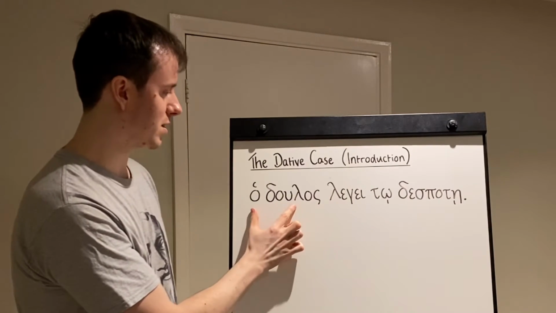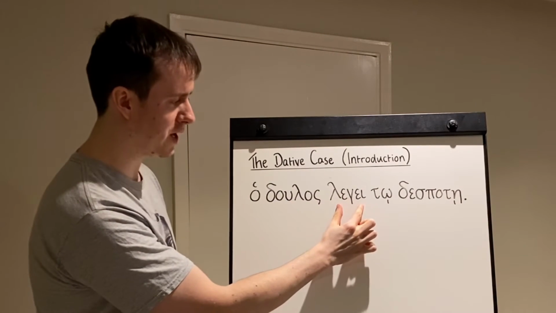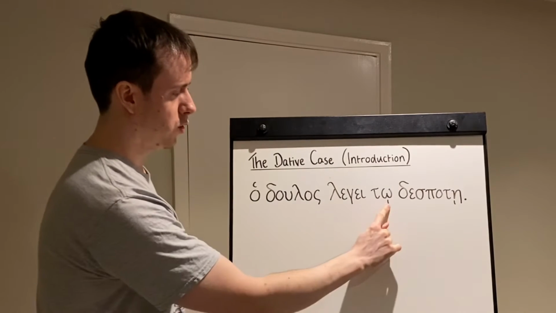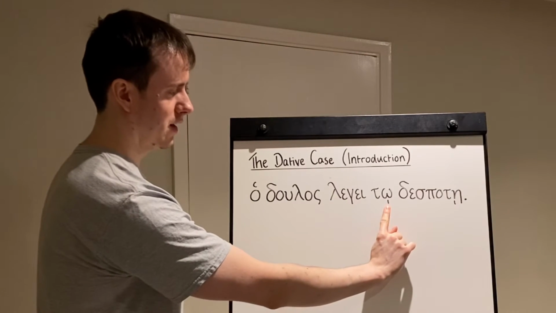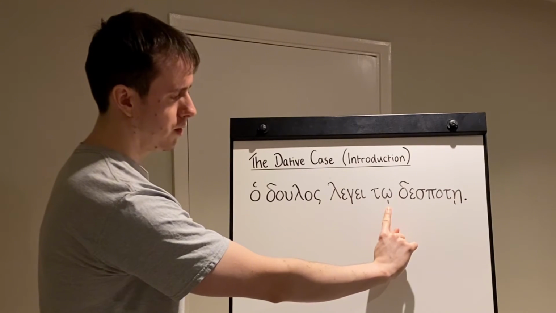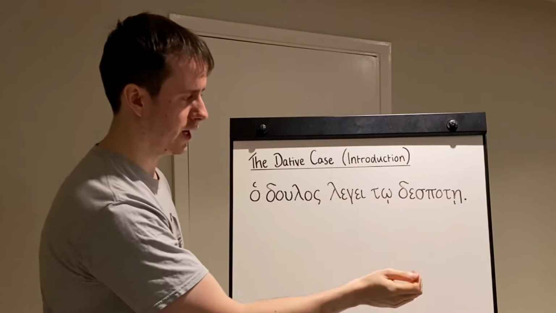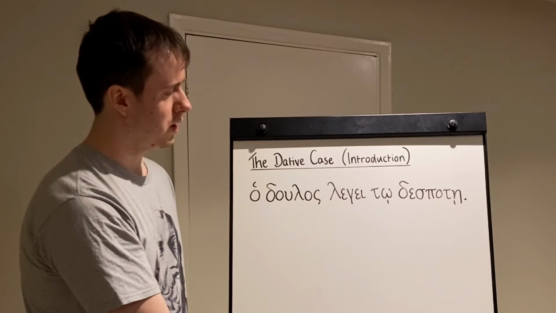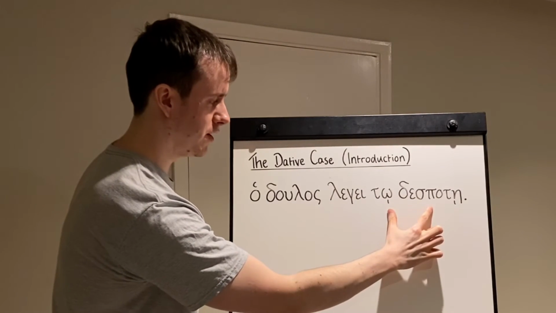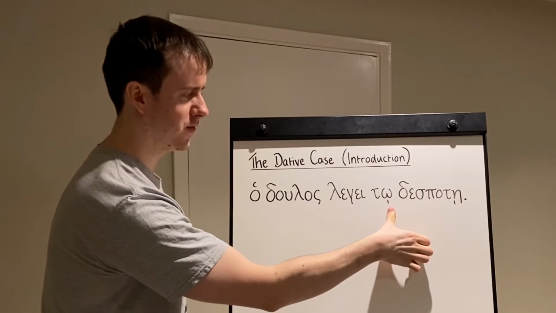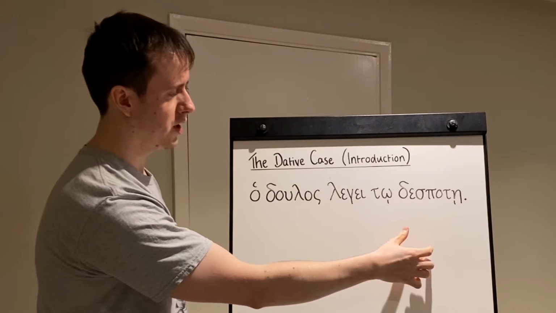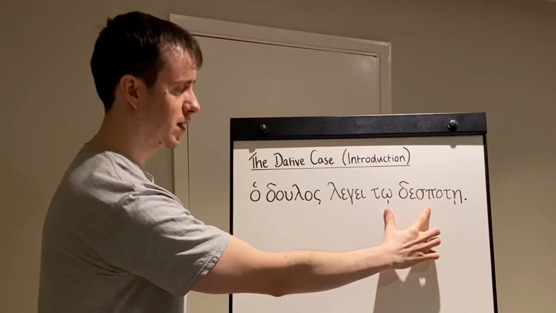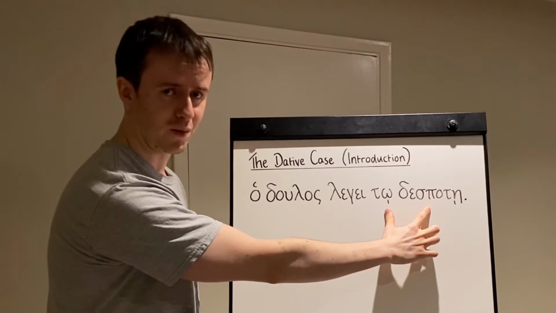So this is the slave speaks or is speaking tōi despotēi. Tōi is the masculine dative singular definite article. We know it's masculine because despotēs, here despotēi, is a masculine noun. And because this phrase is in the dative, as indicated by the dative definite article, we know that we need to translate this either as to the master or for the master.